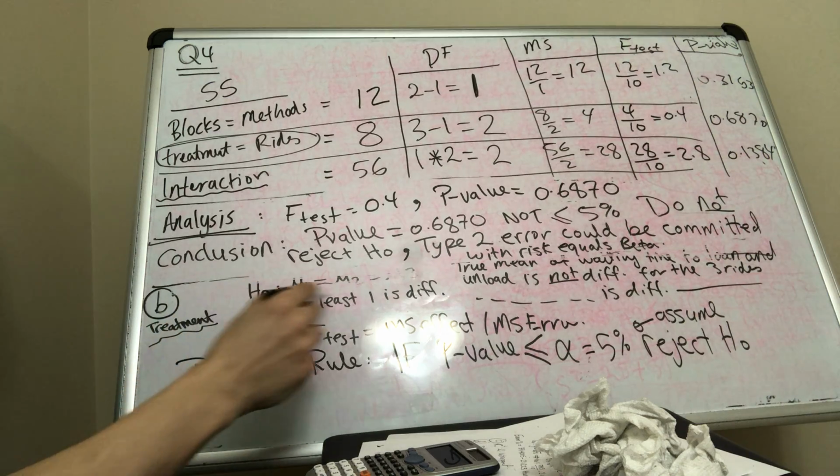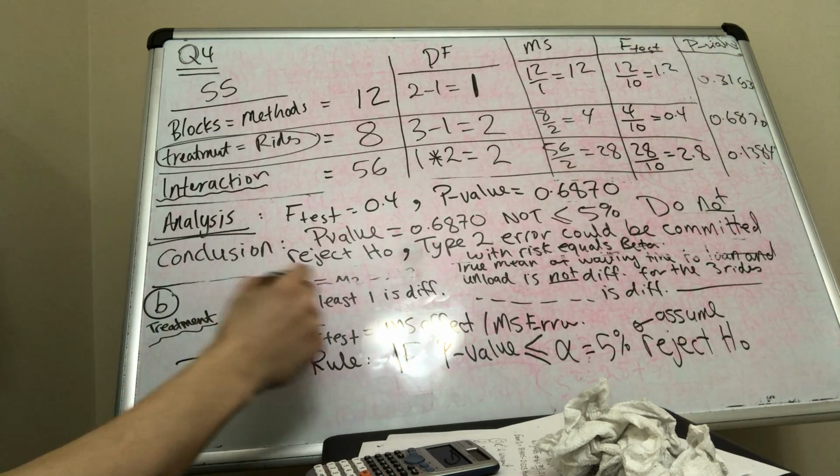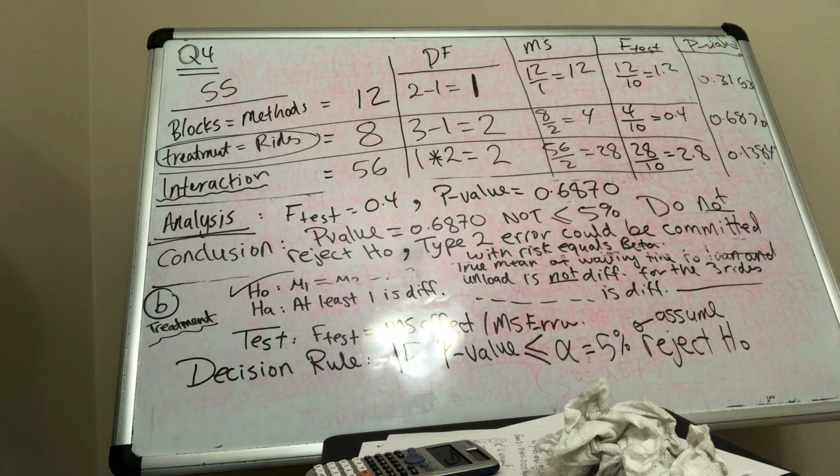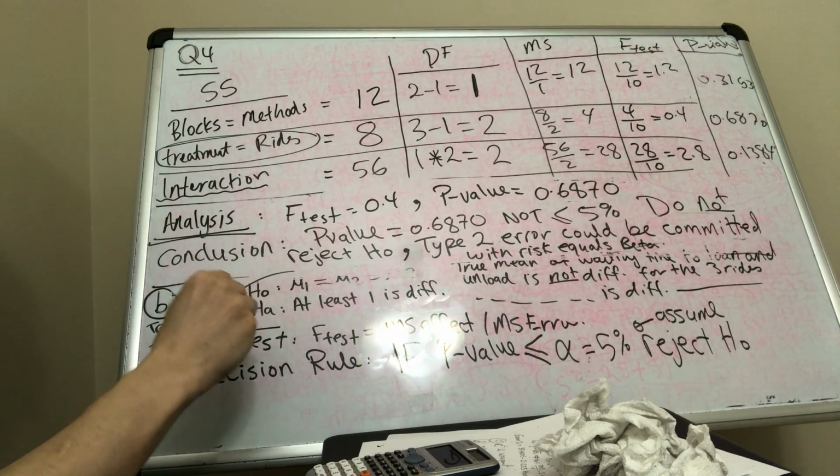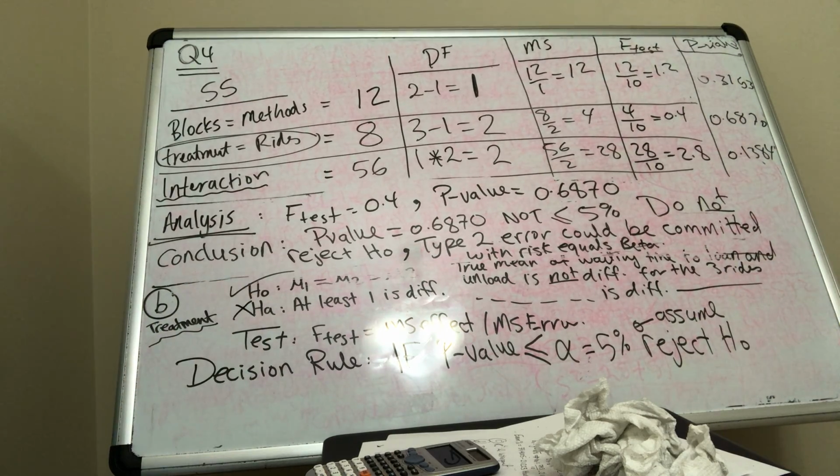So we are not rejecting H0. We're accepting H0. We have no evidence of this.